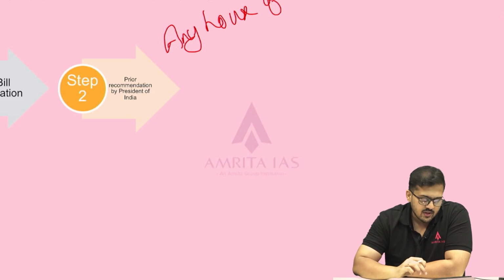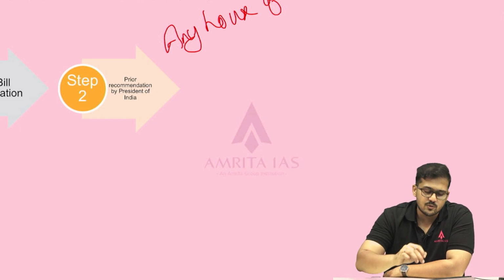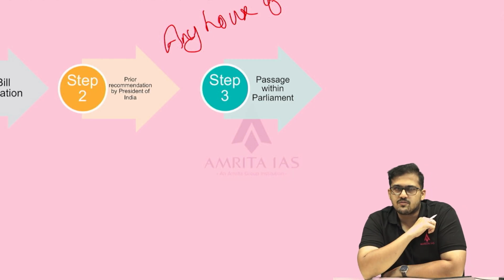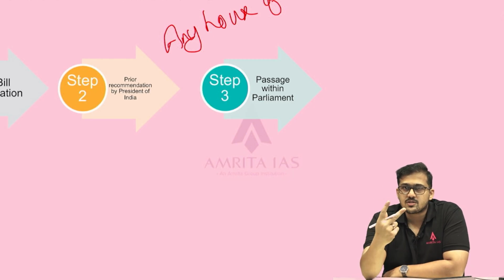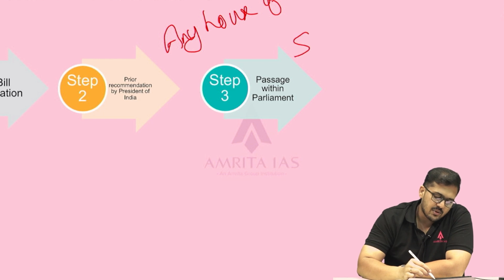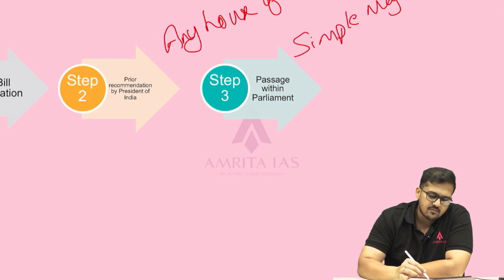Point number 1. Once the bill is introduced in the Parliament, obviously it should be passed by both houses of the Parliament. Then comes question number 2. What is the majority which is required? The bill should be passed by a simple majority, and this particular detail is given under Article 4.